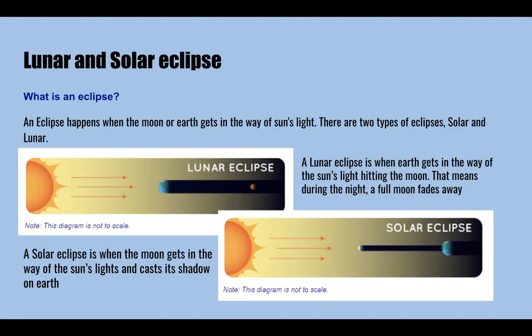Furthermore, during a lunar eclipse, Earth gets in the way of the sun's light hitting the moon. That means that during the night, a full moon fades away as Earth's shadow covers it up. The moon can also look reddish during a lunar eclipse because Earth's atmosphere absorbs the other colors while it bends some sunlight towards the moon.